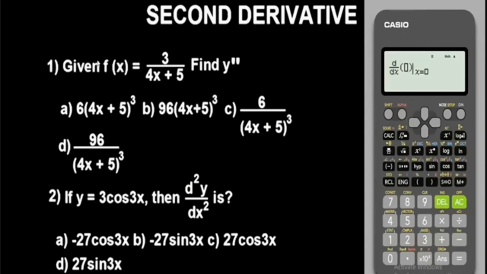So we are given the function f of x equals 3 over 4x plus 5. Find y double prime. Alright, so this y double prime signifies the second derivative. So replace y double prime with d squared y over dx squared, just like in this question too. Don't get confused with these terms, they mean the same thing. So it's a fraction function.